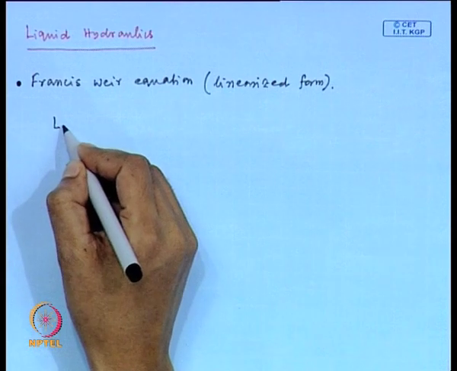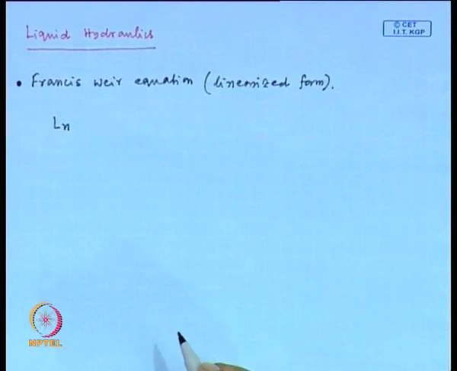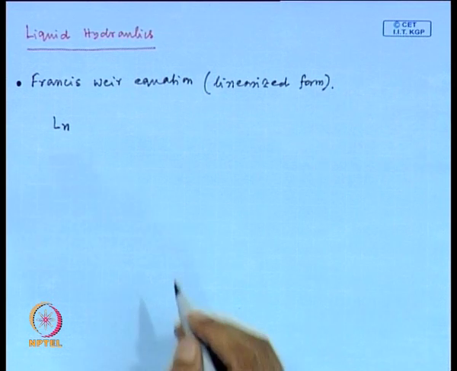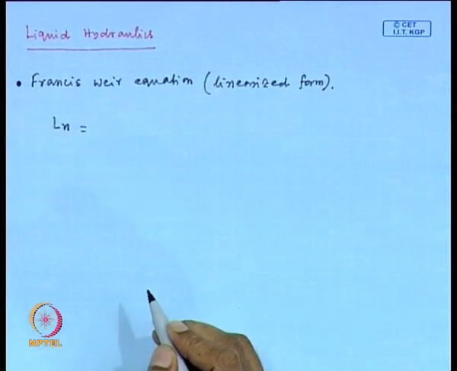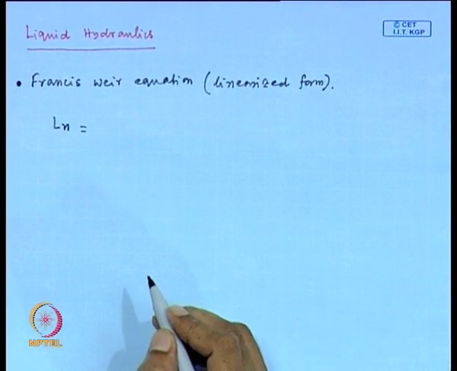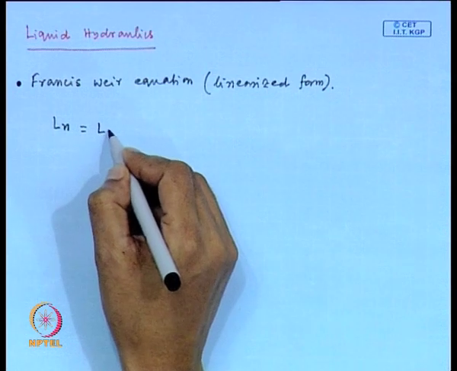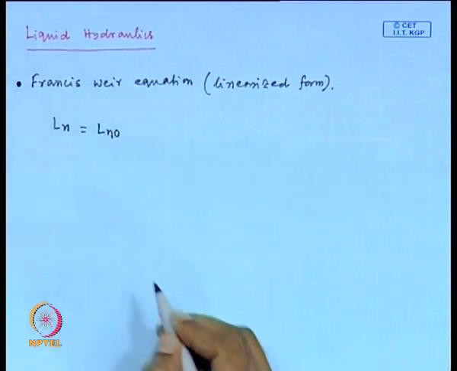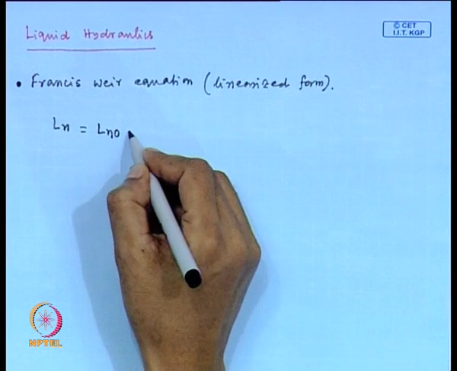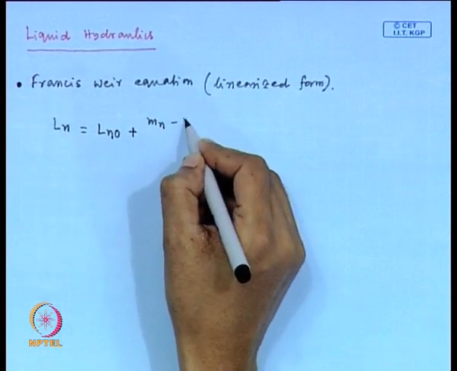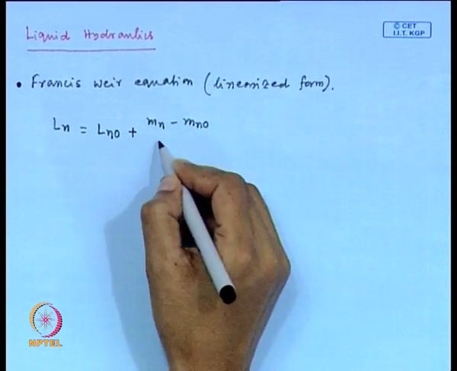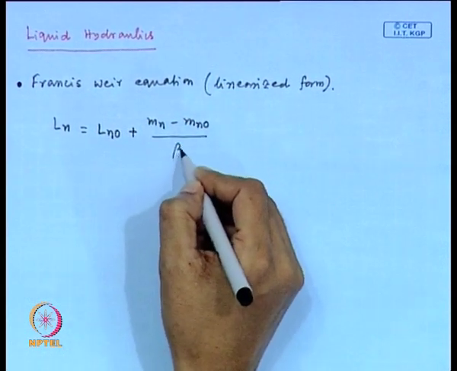So, if L n is the flow rate of a liquid leaving nth stage, then the Francis-Weir equation correlates L n equals to L n naught plus M n minus M n naught divided by beta.